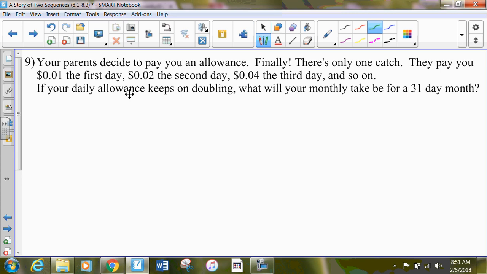All right, so here we go. We're taking a sum. Because they asked what will your monthly take be, that's another way of saying sum. And so we're going to do a partial sum, right? We're adding up the first 31 days, and then we're going to use that sum formula, which says a sub 1, so my first day is 0.01, 1 cent, and then I'm going to multiply that by 1 minus my r.